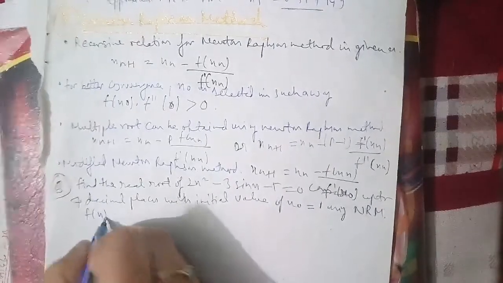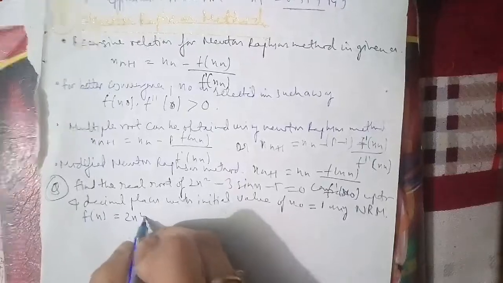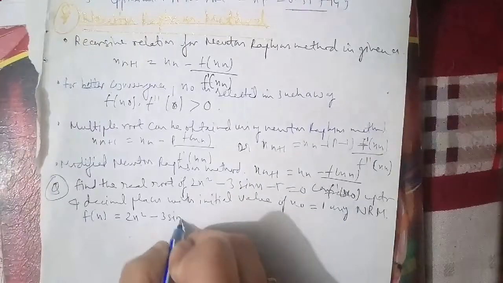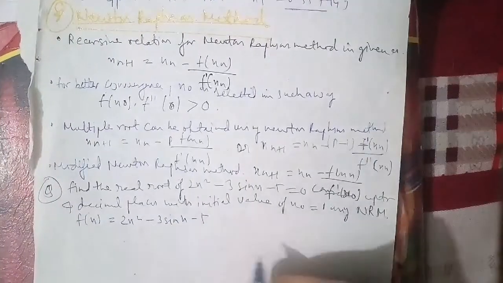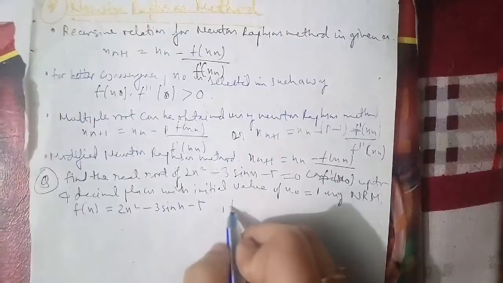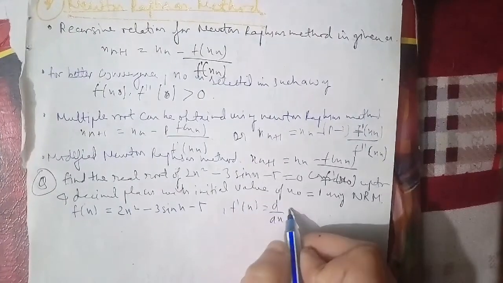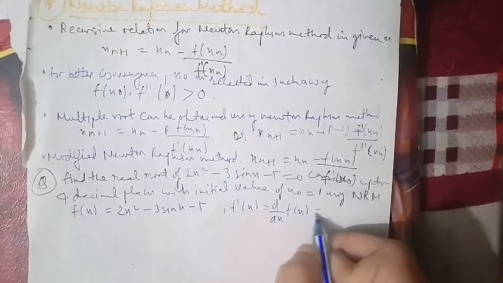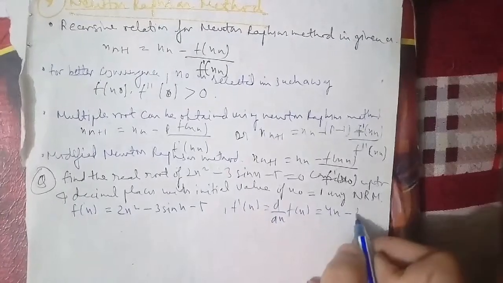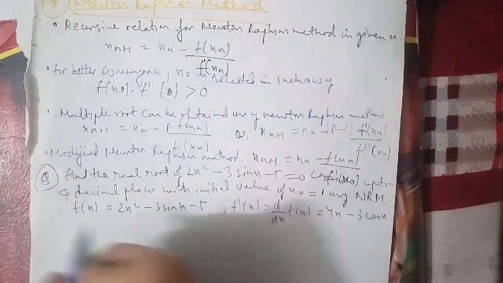So we go ahead here. f(x) equals 2x squared minus 3 sin x minus 5, as given in the question. So f dash (x), which is d upon dx of f(x), equals 4x minus 3 cos x.